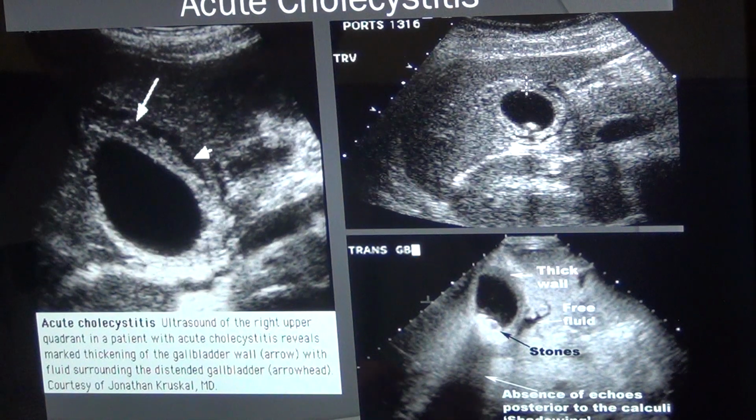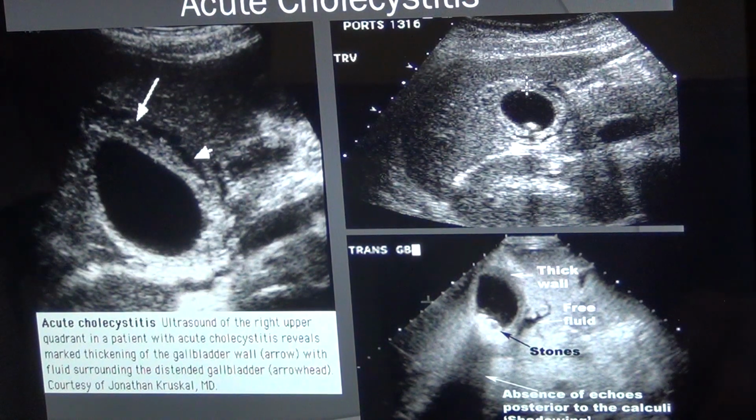Here we see the posterior shadow. So this is multiple gallstones, and the wall is thickened, and there's free fluid over here. And this posterior shadow is due to the stones. So this is all about acute cholecystitis.